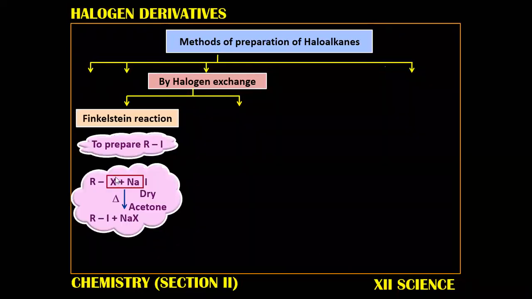Now you take any alkyl halide, means chloride or bromide, generally we use chloride or bromide, react with sodium iodide. Now sodium halide will go away and iodine will take its place. Alkyl halide when reacted with sodium iodide in presence of dry acetone, we get iodides. So here we use either chloride or bromide. Copy down general reaction and then we'll do one example with methyl chloride and one example with ethyl bromide.